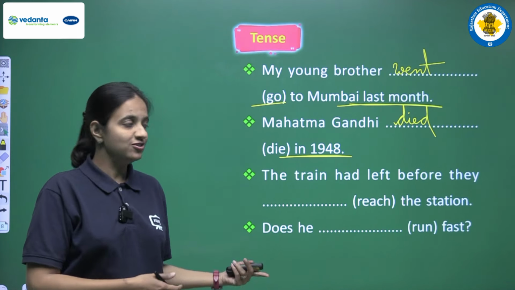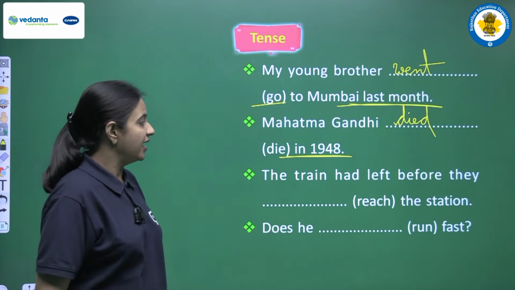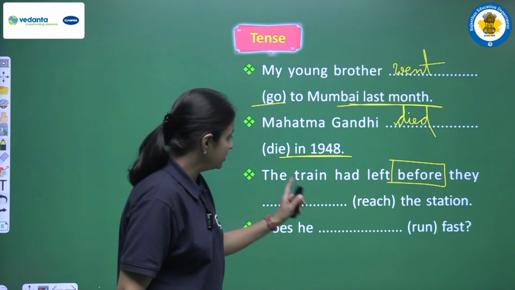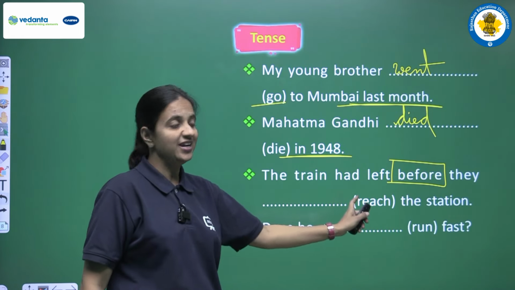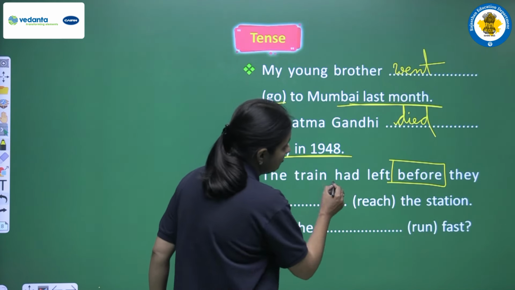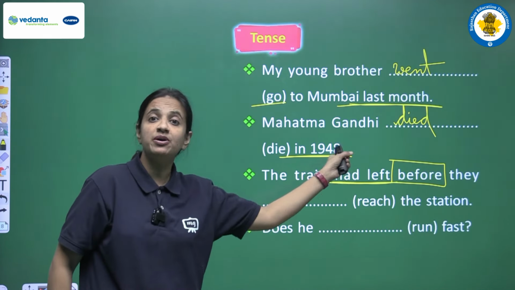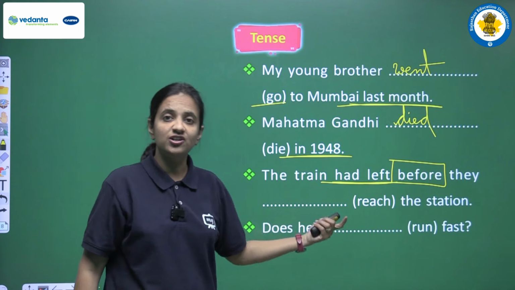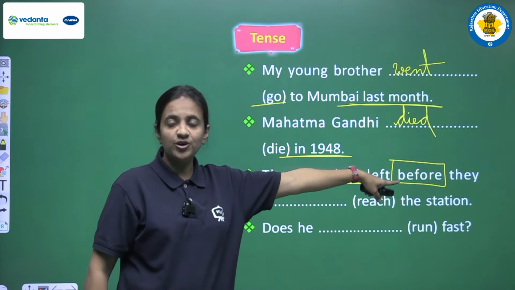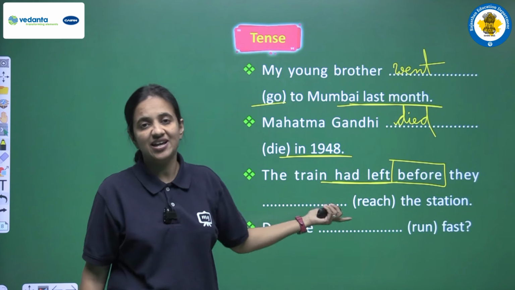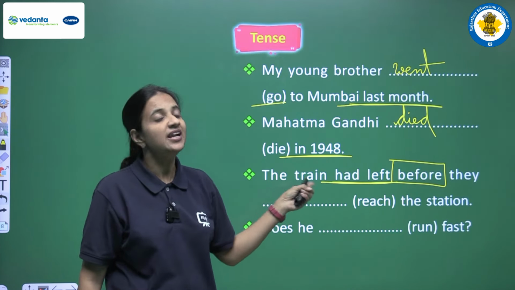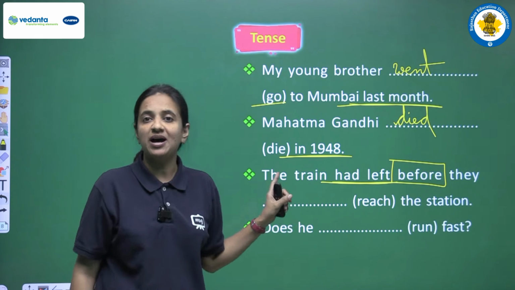Okay, next sentence, the train had left before they reached the station. So in this sentence also we are having two clauses, and we are having before, right, in the sentence. But now the first clause is completed, right? We are having the complete clause, and we are having had left. It means past perfect tense. So the structure of such sentences we have seen right now, that if we are having before as a conjunction in a sentence and we are having two clauses, then in the first clause we have to use past perfect, and in the second clause we have to use past simple.